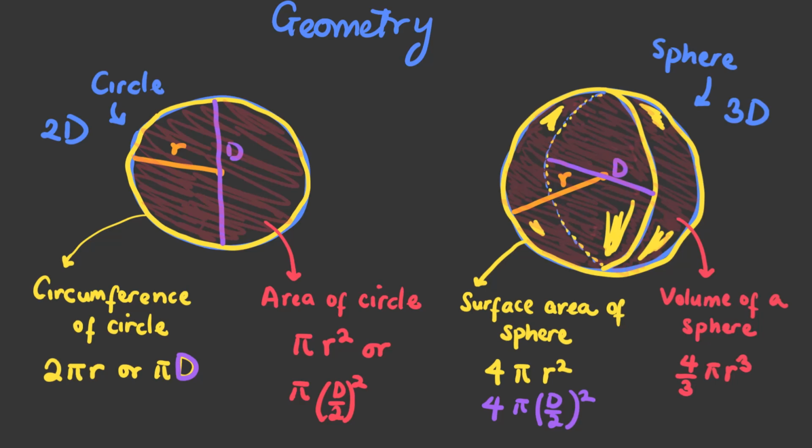Or using the diameter, we know that our radius is half the diameter, and you take the cube of that, multiply the result by pi, and multiply the result by 4/3.